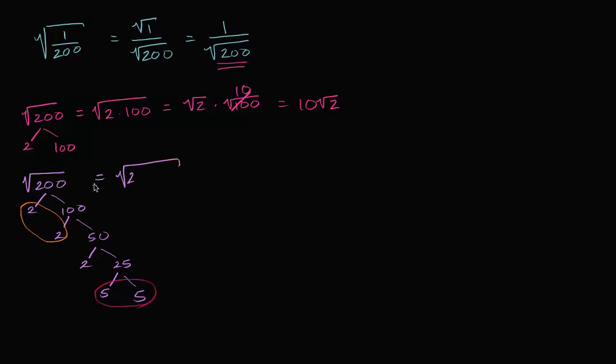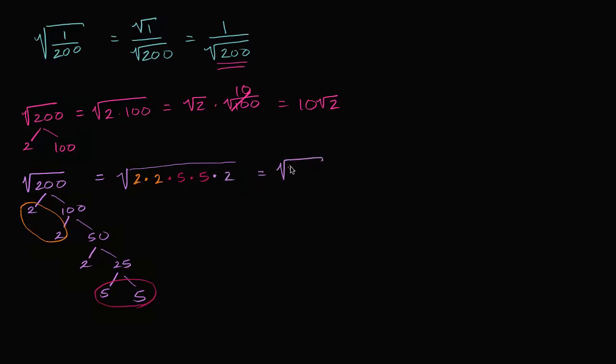Let me just write it all out, and I'll give myself more space under the radical. I wrote it in this order so you can see the perfect squares here.